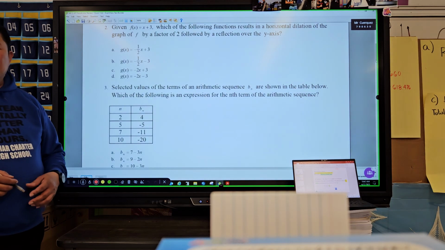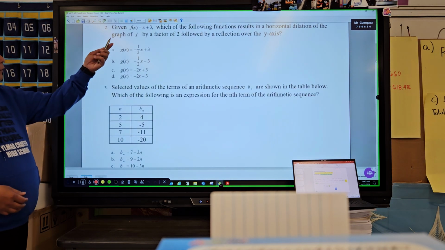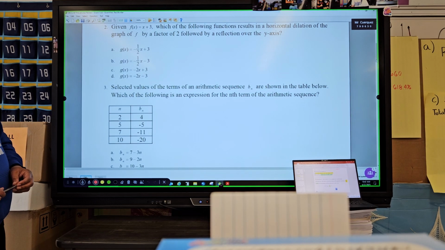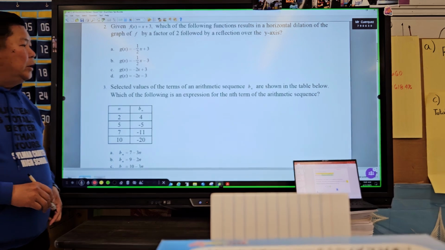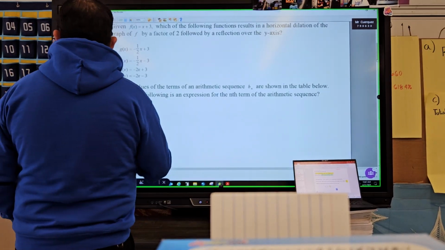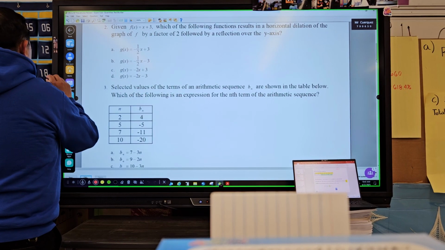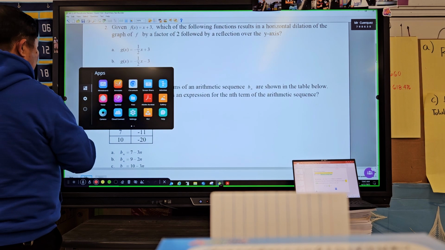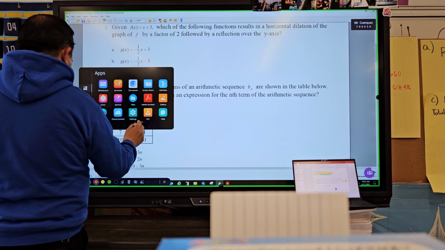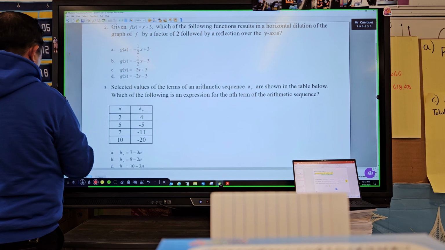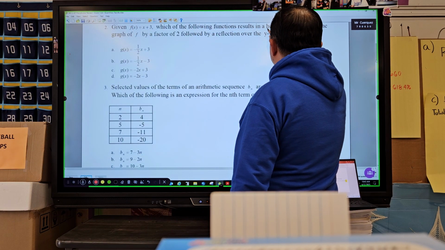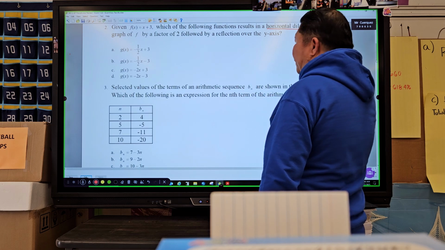So, problem 2 says, given f of x is equal to x minus 3, which of the following functions results in a horizontal dilation? So, if you have a highlighter, guys, can you please highlight horizontal dilation? So, I need you to highlight this one, horizontal dilation.